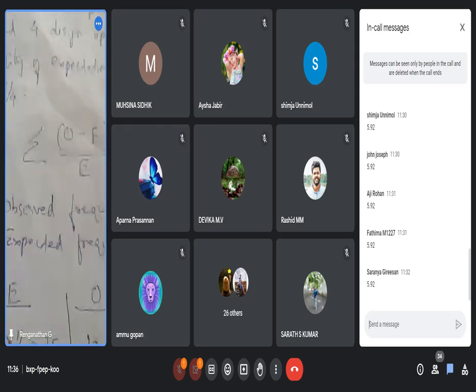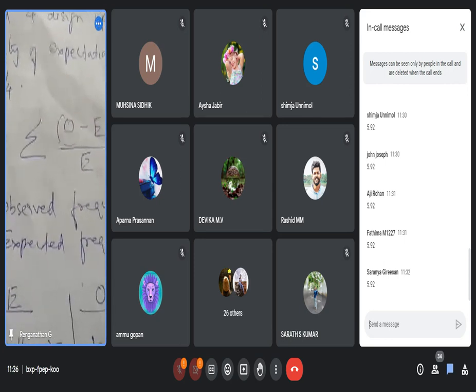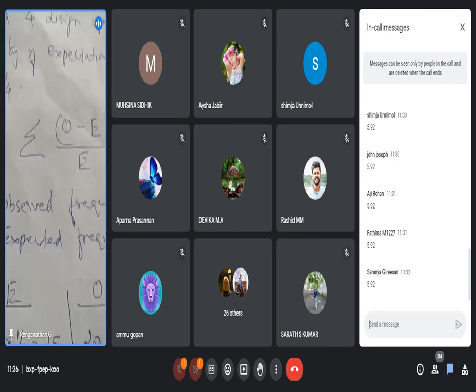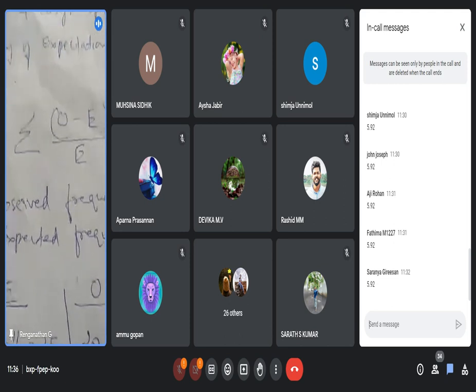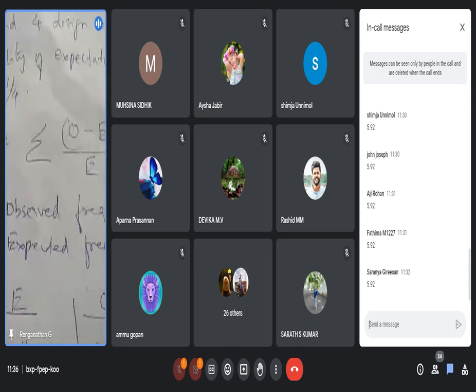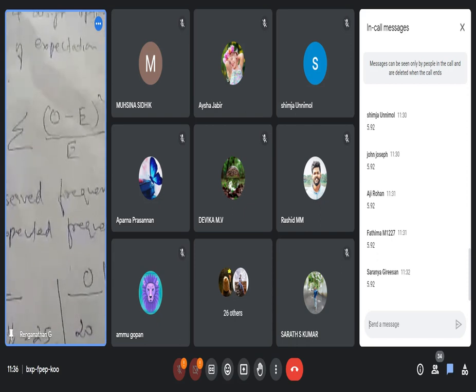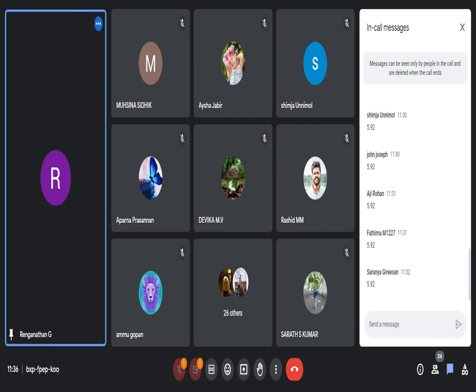So everybody write this. Since the calculated value 5.92 is less than the table value 7.815, accept the hypothesis.